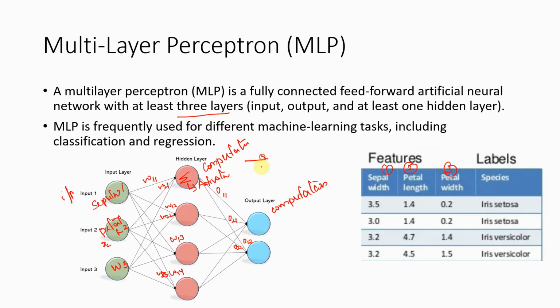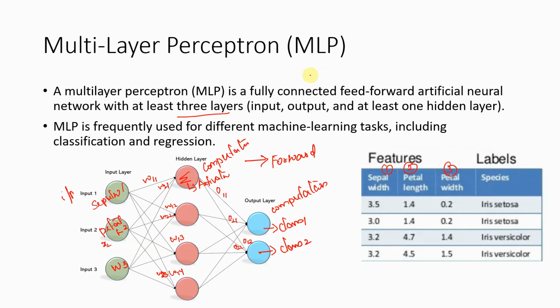So here the weight updation will be done in the forward direction. And here we have two output nodes in the output layer, one used for class 1, that is iris setosa, and the other producing the output for class 2, iris versicolor.